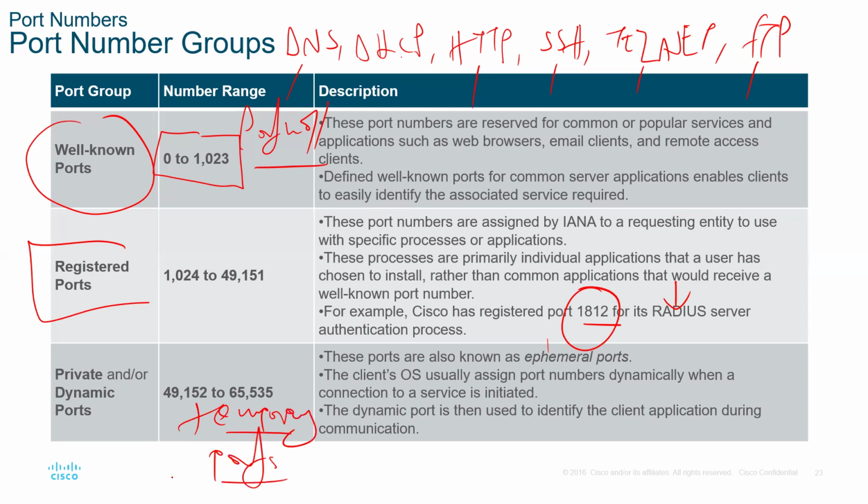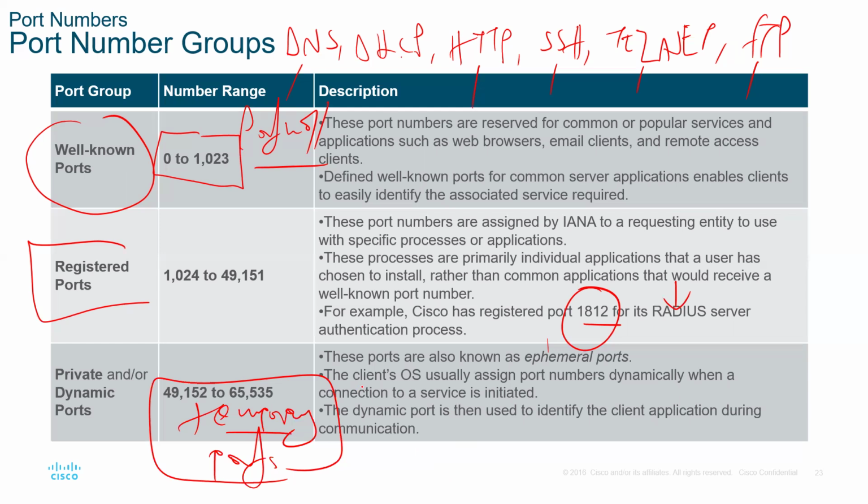So every time there is communication, the source port is usually a temporary port. The source port is just generated automatically so that you can have communication.